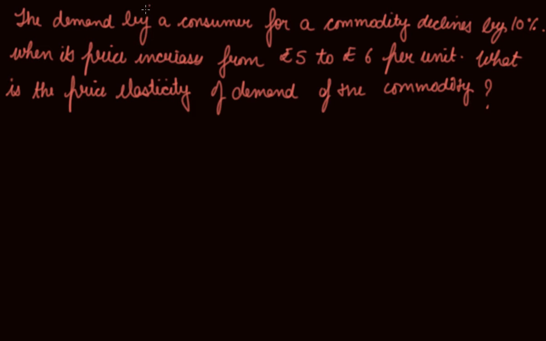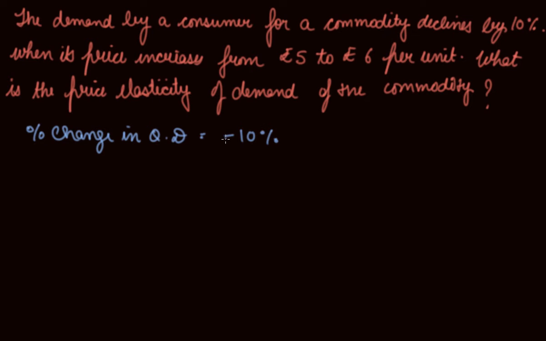Now the other numerical we have is the demand by a consumer for a commodity declines by 10%, which means they have given you the percentage change in quantity demanded as it has fallen down, as it has declined, means -10%.